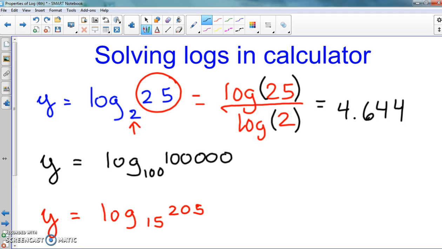Same thing for the second one. We go ahead and put that into a fraction. Log of 100,000 divided by log of 100.